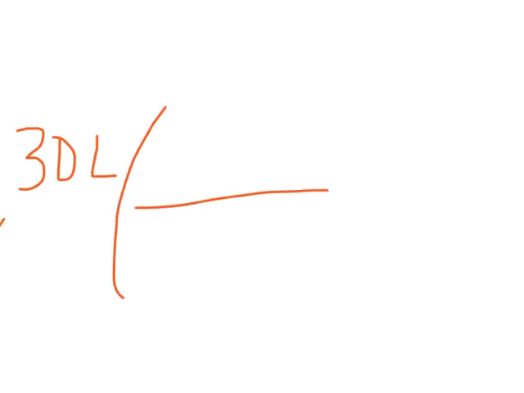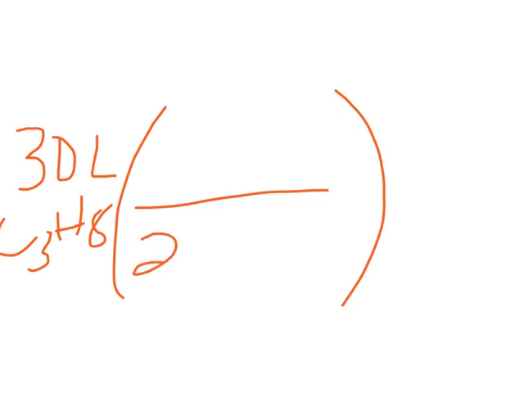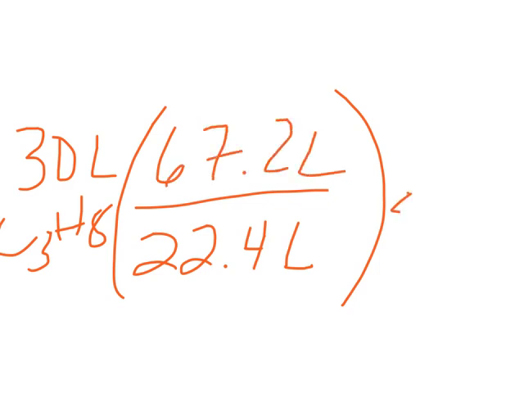Now I can set up and do the math. So I have 30 liters of propane, and I want to remove it, so I'd have 22.4 liters, and I want to have on top the 67.2 liters, and I want to make it equal to X amount of liters of CO2 gas.